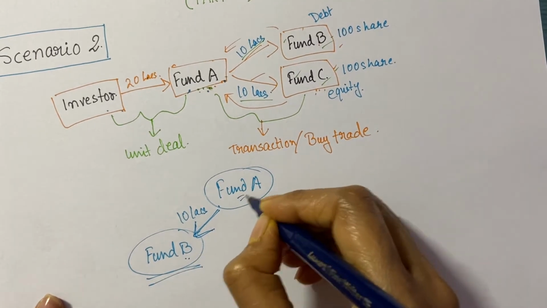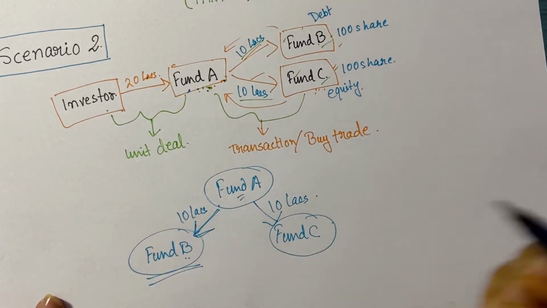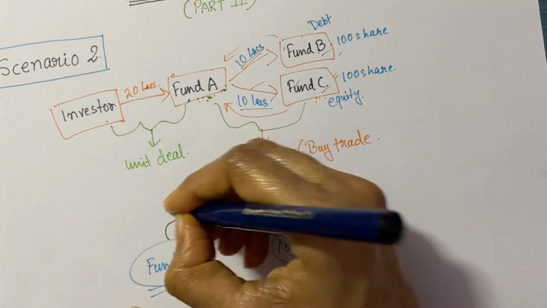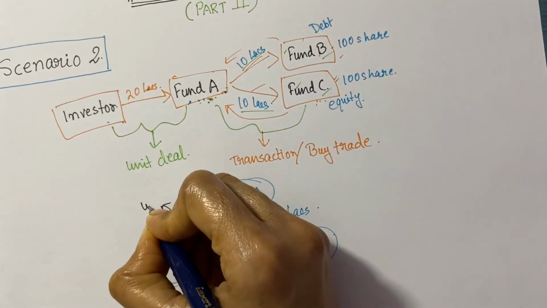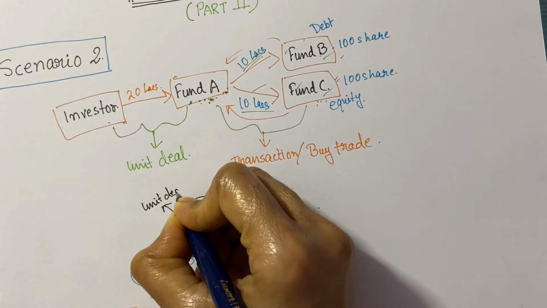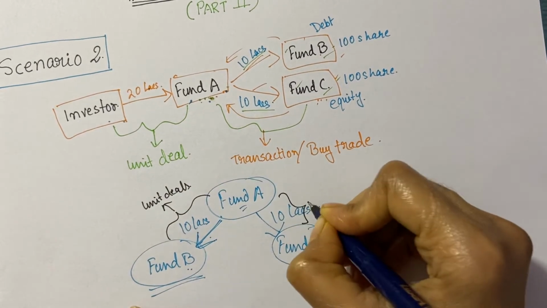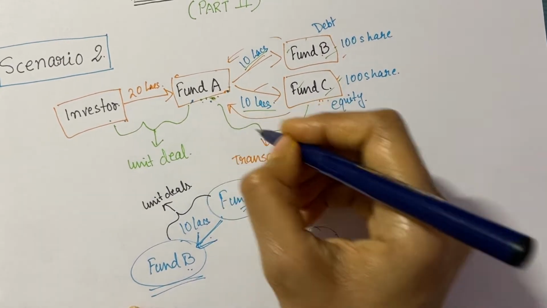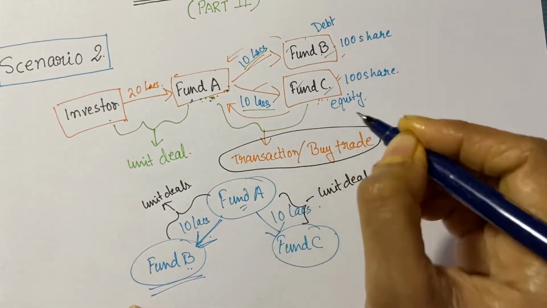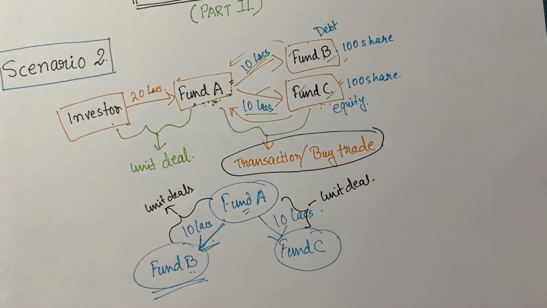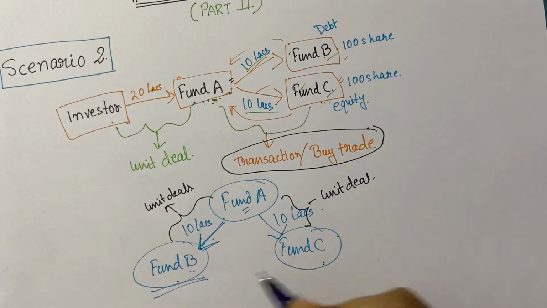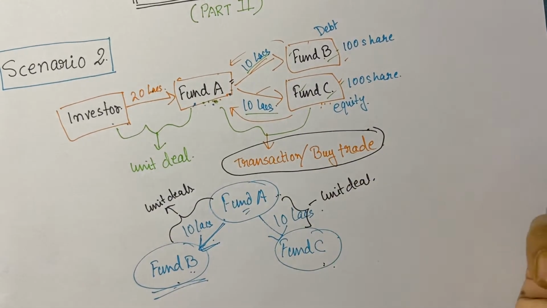For fund B, fund A is nothing but another investor. So this particular transaction for fund B is nothing but a unit deal. For fund C also, it is a unit deal. But the same transaction, when we look from the fund A perspective, is a buy trade, while from the underlying funds it is a unit deal.